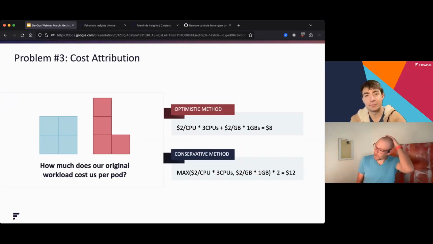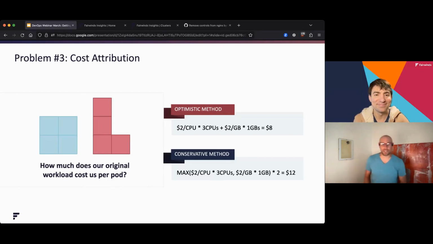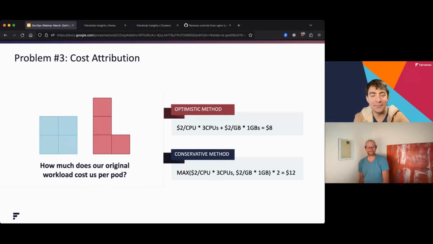How do we figure out what these things cost when they're shaped like all these different weird things? So the first difficulty here is coming up with a cost per CPU and a cost per gigabyte of memory. Typically, we say this node has 2 CPUs and 2 gigs of memory. It costs you $4 a day.